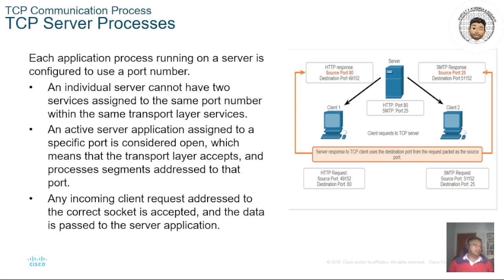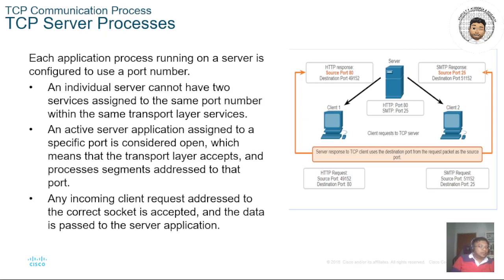It means that this is a door towards the client. When an application wants to process data coming in to the client, the data will come in through door 49152. That's why it becomes the source port.